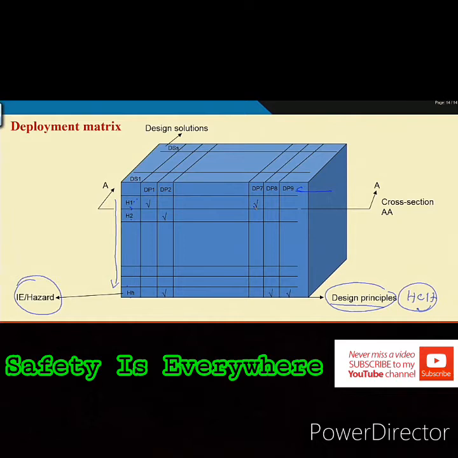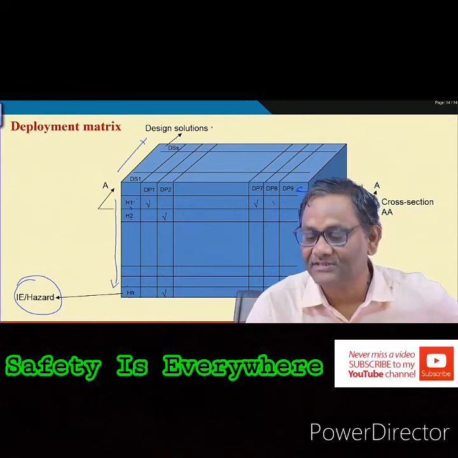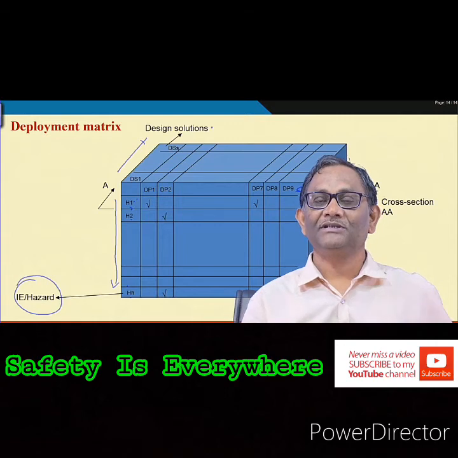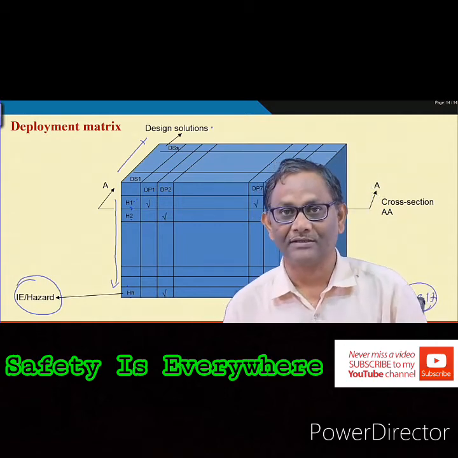Then there will be another axis known as design solution. Once you have the hazard-wise principle mapping, then based on your design knowledge, hazard knowledge and lessons learned, you will be able to find some design solutions. So, what is the first level mapping? First level mapping is hazard versus design principle, which is basically the 9 principles of the hazard control hierarchy.